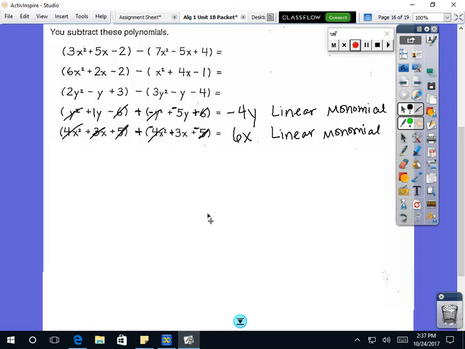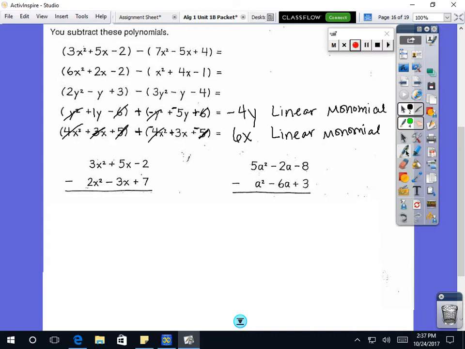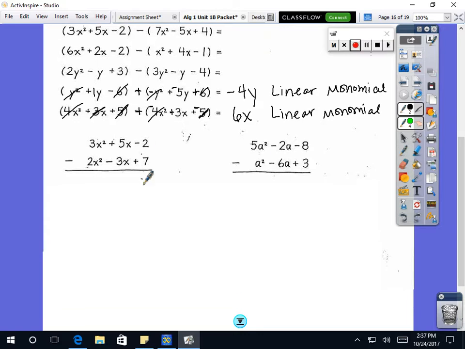Okay, now let's go down to these 4 problems below, which are the same thing. They're just written vertically. Go ahead. Okay, let's see if she did it right. Change it to addition, which means every sign after it changes. So that's a negative, that's a positive, and then that's a negative.